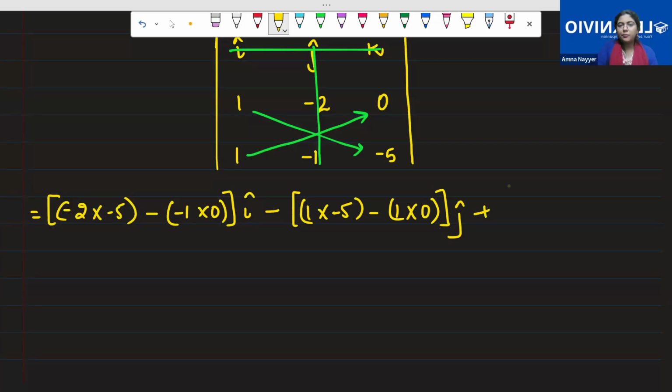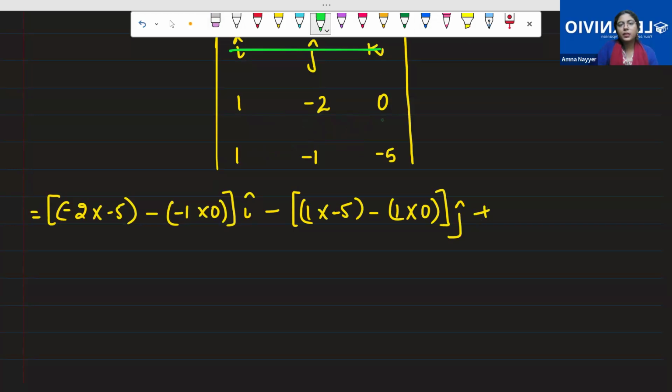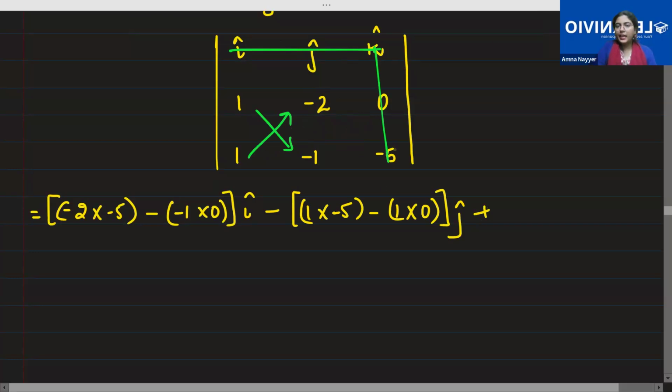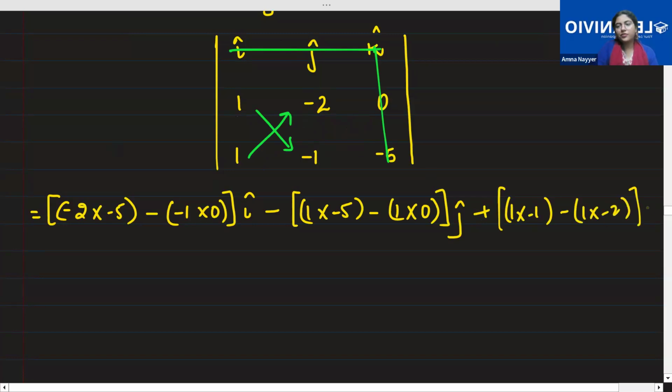Finally, plus, we cut the row and column of the k cap. Now it's 1 into minus 1, diagonally down, minus diagonally up, which is 1 into minus 2. This much of k cap. So we get our cross product.